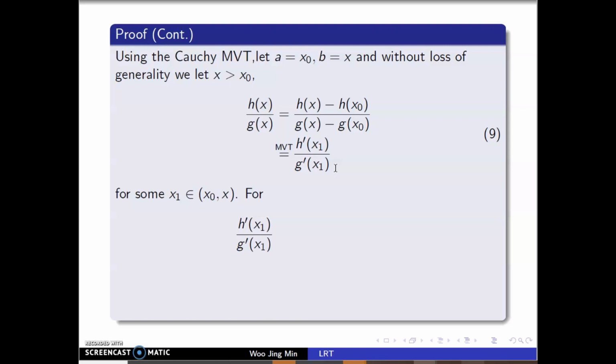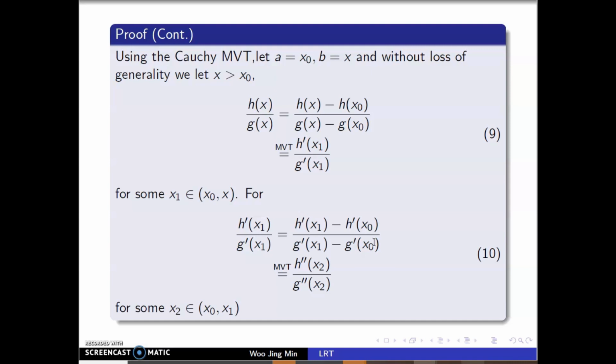Now for h prime of x1 over g prime of x1, you can easily do the same thing, because h prime of x0 and g prime of x0 are both 0, so you're just subtracting 0 on bottom and top. So by the MVT you have h double prime of x2 and g double prime of x2 for some x2 that is in x0 to x1.